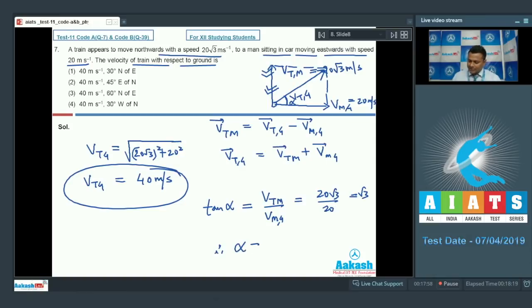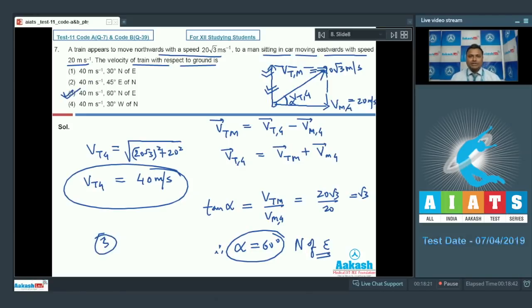Therefore alpha will be 60 degree, 60 degree north of east. So we can see from the diagram, 60 degree north of east. We have to go with option number 3, which is absolutely correct.